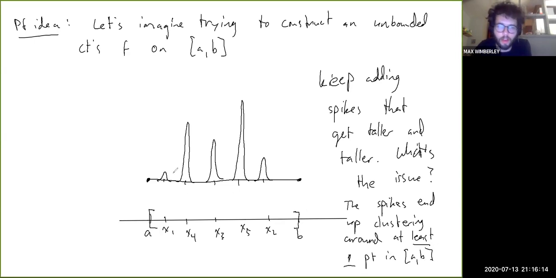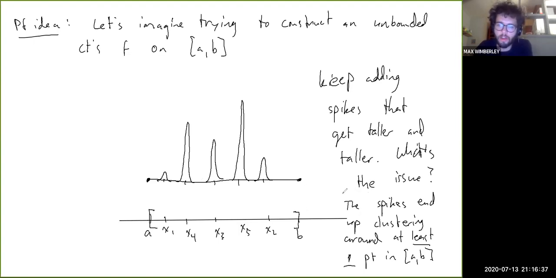If you have an infinite cluster of spikes near a single point, that's a problem, right? Because then the function at that point can't be continuous if there are points arbitrarily close to it where the value grows unboundedly, right? So that would cause discontinuity, and that's an issue.